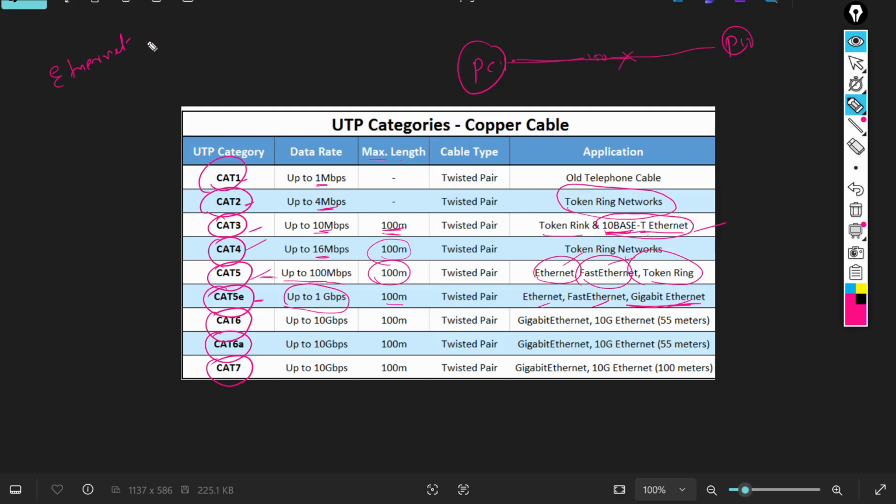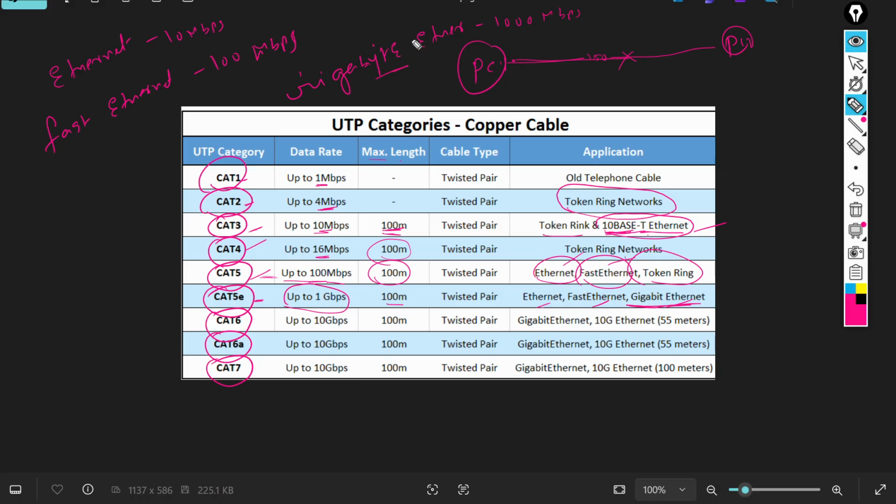Ethernet is nothing but 10 Mbps, up to 10 Mbps. Fast Ethernet supports up to 100 Mbps. And gigabit Ethernet supports up to 1000 Mbps.